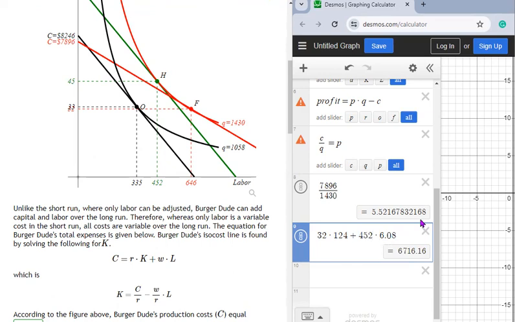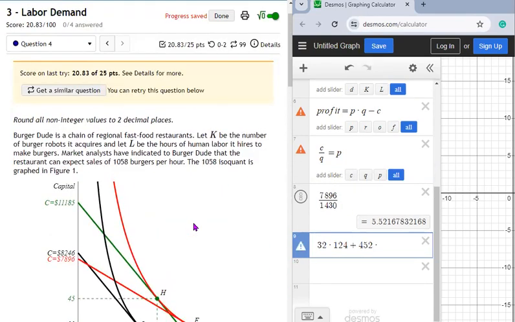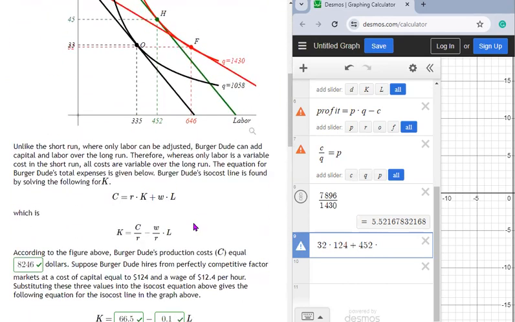And at H, the slope is the same as the original isocost line. So the slope hasn't changed. The wage is assumed to be the same as it was at the start of the problem, so $12.40 per hour. Capital is 45 at point H.